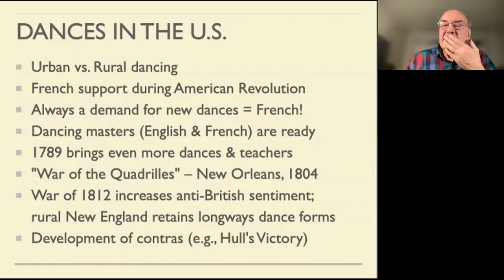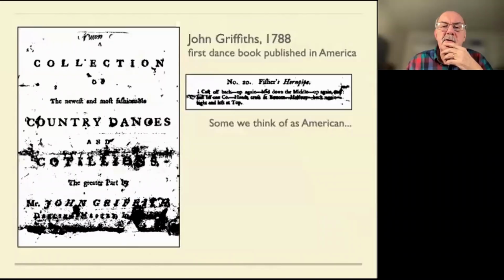I spoke of dances coming with early English settlers. They brought their culture with them, they brought their music with them, and these dances are found in notebooks and in published sources alike. So here is the first dance booklet published in America in Rhode Island, John Griffith, 1788.